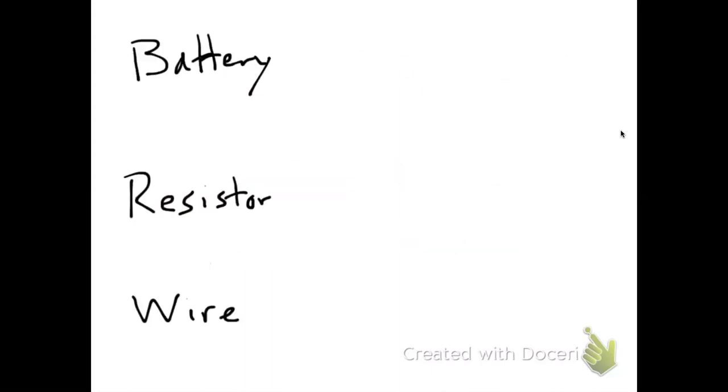So for now, we're going to have circuits that have three elements in them, three different kinds of things. The first kind of thing is a battery. We've already talked about batteries and what they do, but this is what they look like in a circuit. They're one or more pairs of alternating long and short lines. And the longer line is the positive end of the battery, and the shorter line is the negative end of the battery.